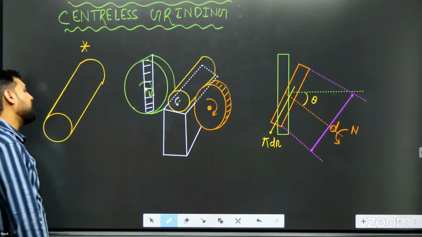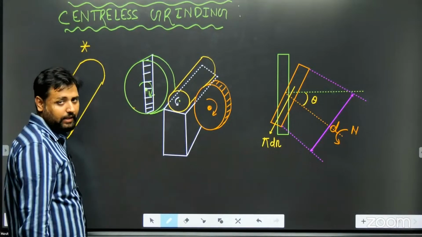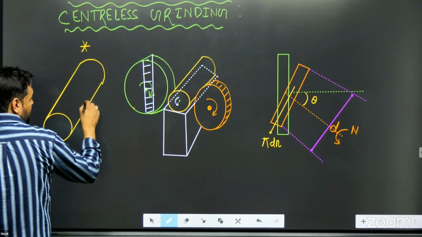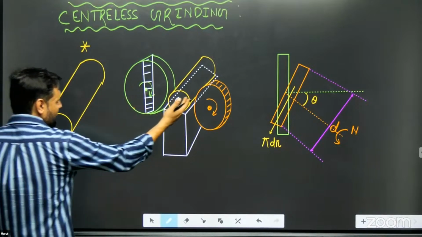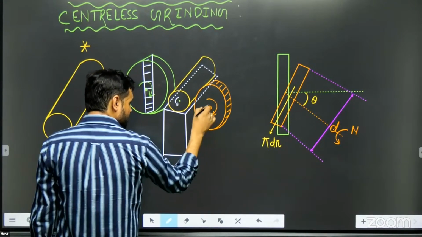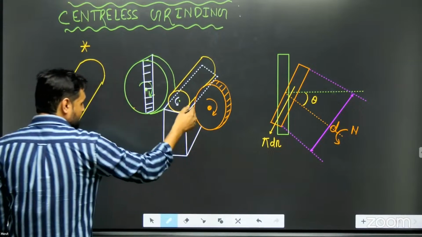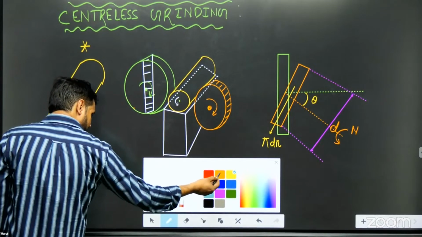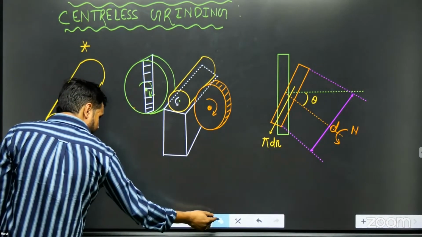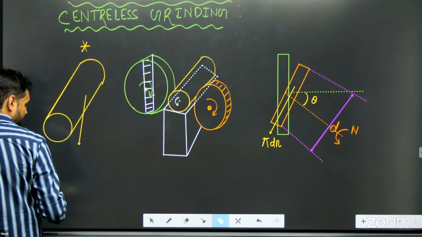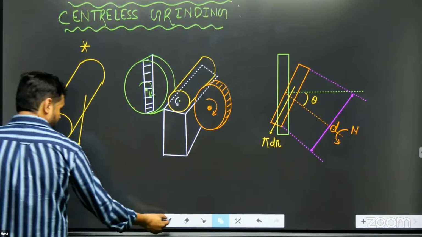And basically the workpiece axis and the grinding wheel axis are parallel, they are horizontal. Since the regulating wheel axis has been sloped like this, that surface velocity will not be exactly vertical, but it will be sloped something like this. So this will be your pi d n.